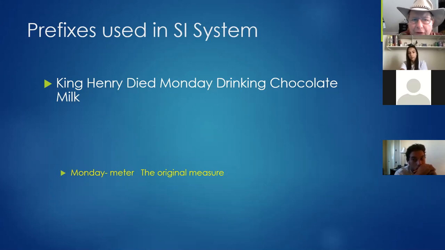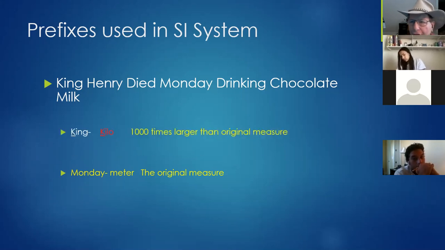Now, there are prefixes within the metric system. Use this mnemonic: King Henry died Monday drinking chocolate milk. And we're going to use the Monday to be meter, which is the original measure. King stands for kilo. It's 1,000 times larger than the original basic measurement.